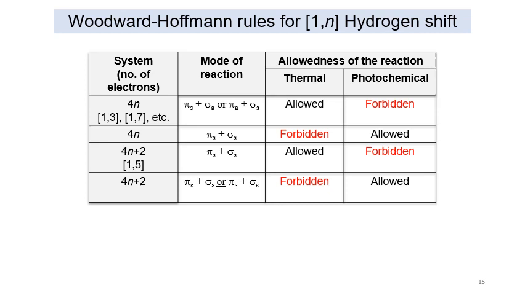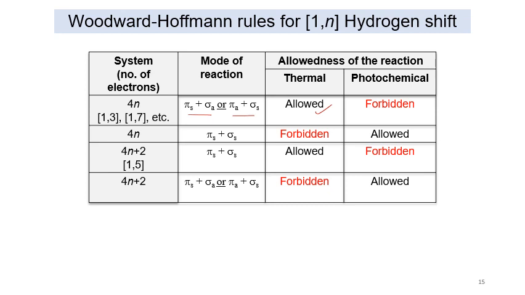So let's generalize the Woodward-Hoffmann rules for the 1,n hydrogen shift. As we have seen, for the 1,3, the allowed is pi s plus sigma antra, or the pi antra plus sigma supra under thermal conditions.